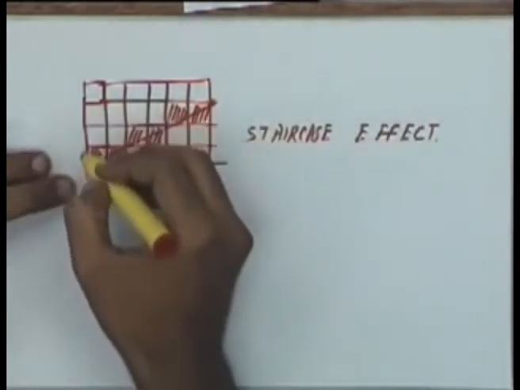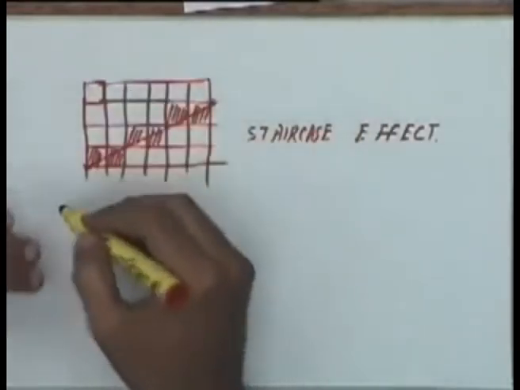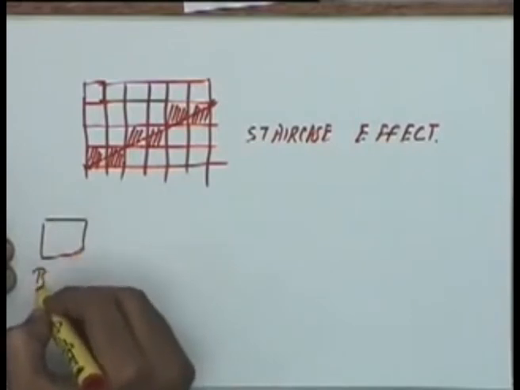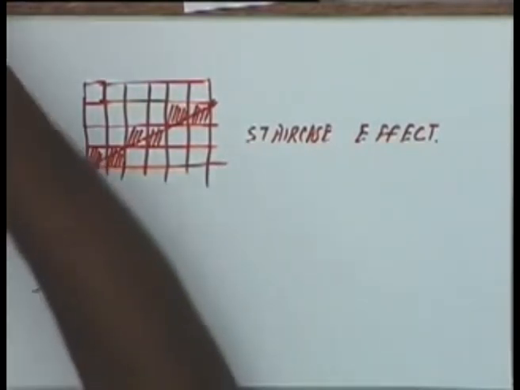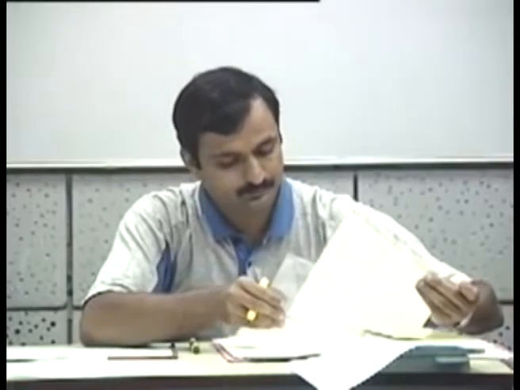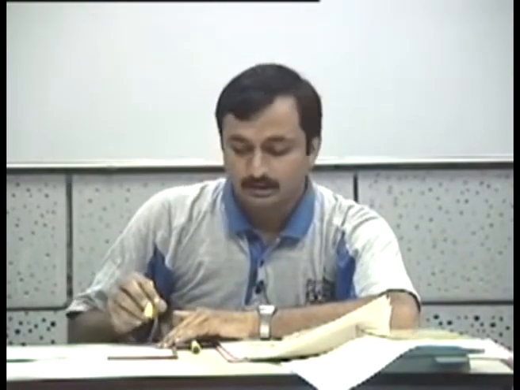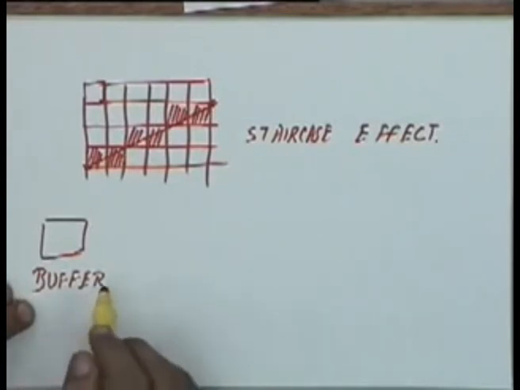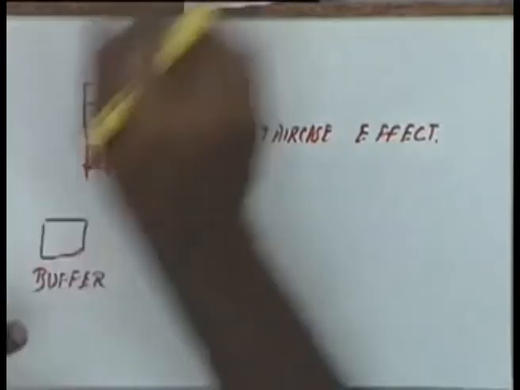For displaying it again and again, we follow a similar method: whatever is displayed on the screen is first kept in a buffer. The only difference is in this buffer, or rather in the previous buffer, we were storing the description of entities.